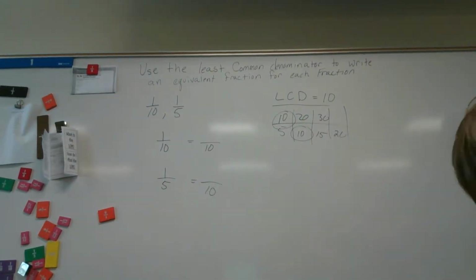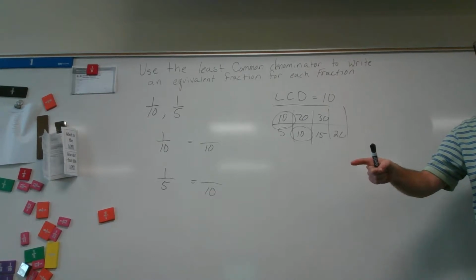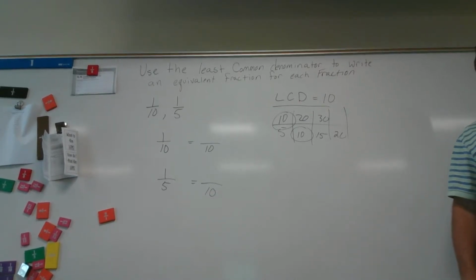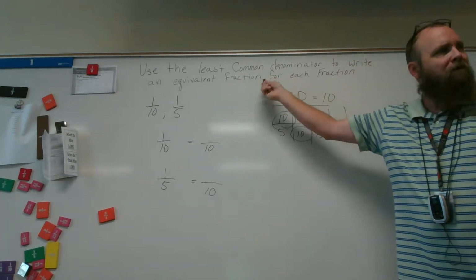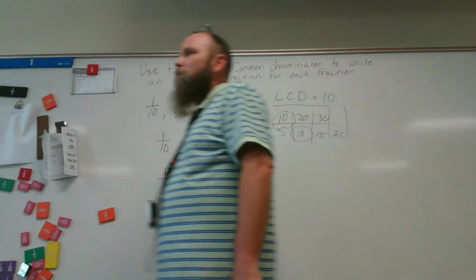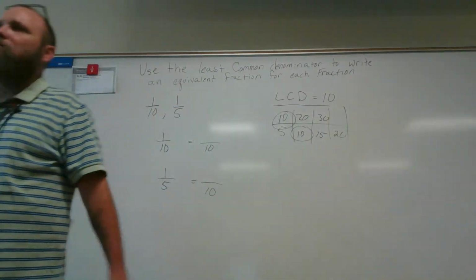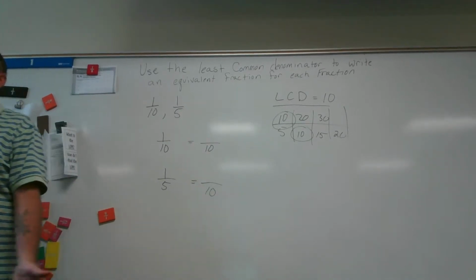I have to change each of these into something over 10, because that's what it says to do. Right here. It says that up here. Y'all are looking at me like, why? Not the letter Y from the alphabet, but W-H-Y.